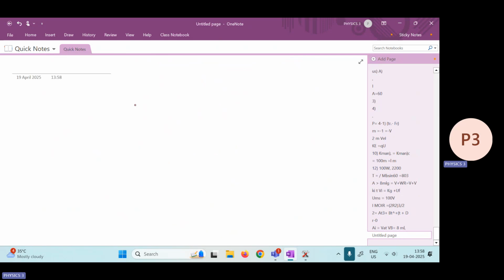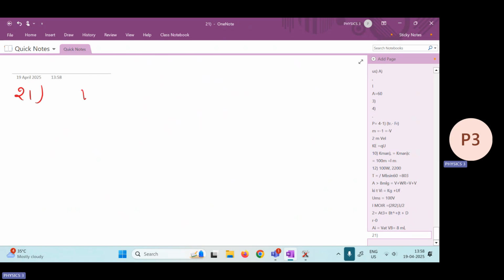The 21st question. We are given a particle thrown with a speed u at an angle theta with the horizontal. When the particle makes an angle phi with the horizontal, its speed changes to v. Now we know that in projectile motion, the horizontal component of velocity always remains the same.